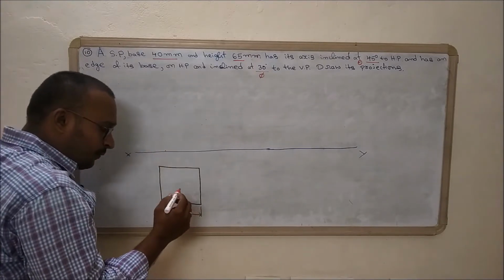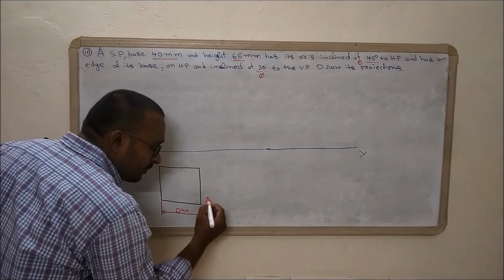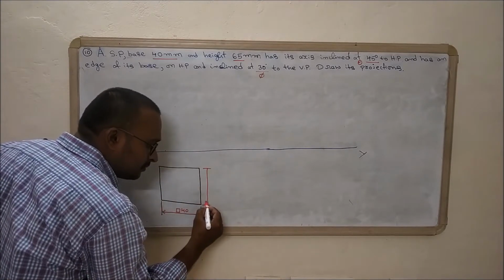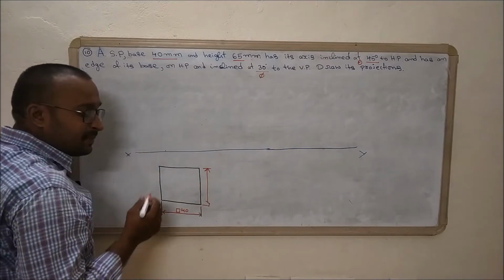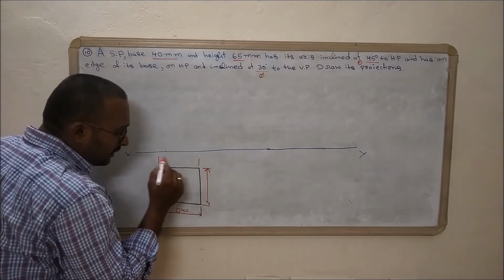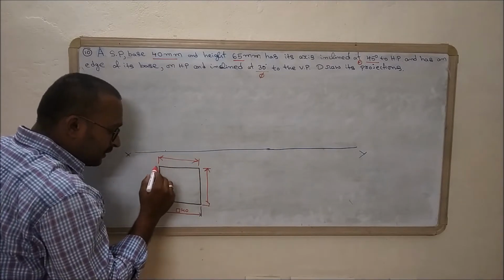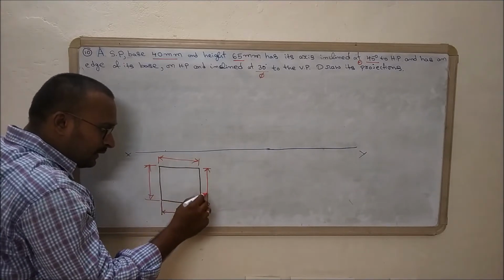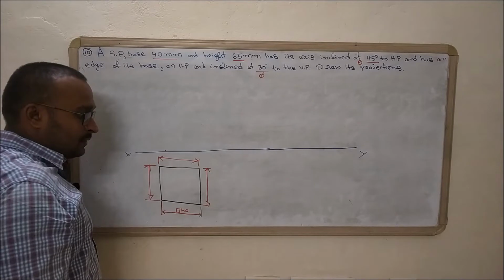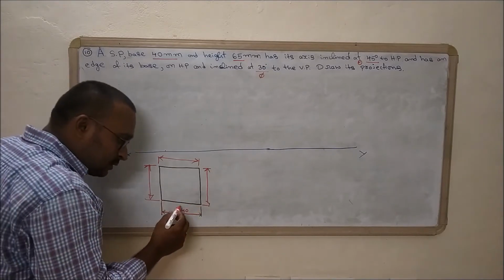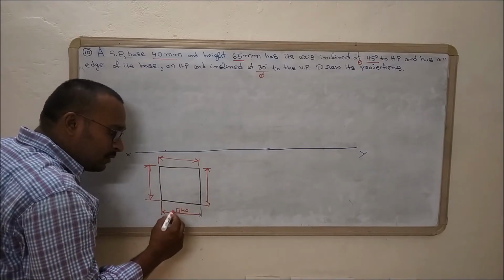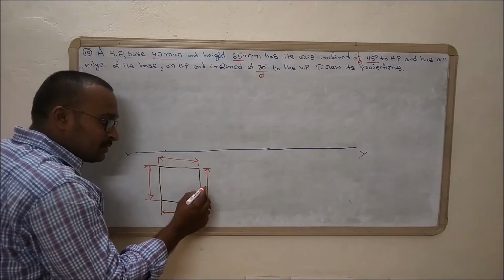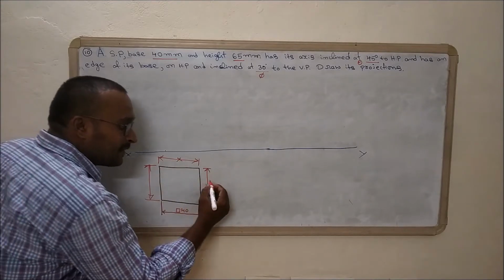A few people represented a dimension here, and also here, and also here. So it's a total mistake. Only on one side we need to represent that particular dimension. These are all called over dimensioning.